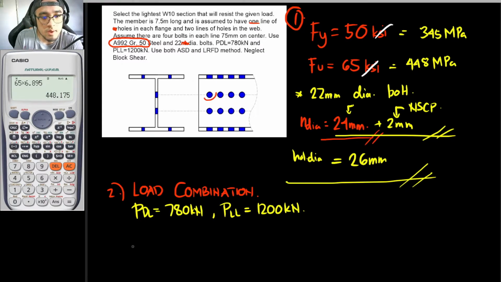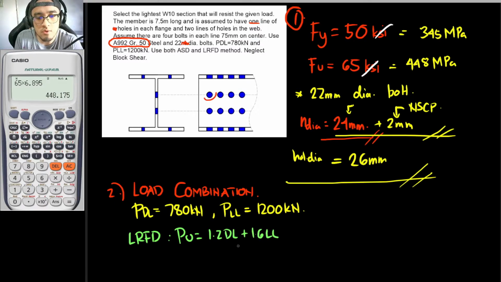So the load combination for LRFD, in LRFD, your PU is to be equal to either 1.2 dead load plus 1.6 live load or 1.4 dead load, whichever would give you the higher value. I wouldn't be substituting them in our solutions anymore, but I would be typing them in our calculator.